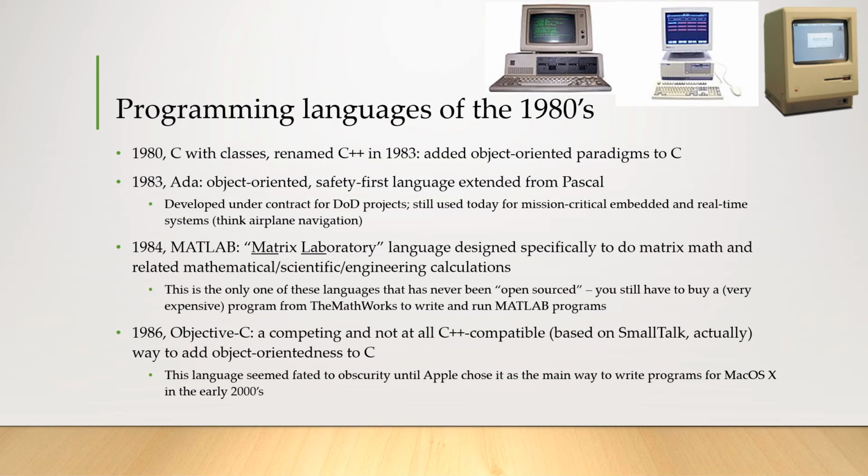It's an object-oriented and safety-first language extended from Pascal, which became the required language for use in Department of Defense projects because it was so safety-minded that the programs almost never crashed. It required so much debugging ahead of time, but once you had a program ready to deliver to DoD, they were pretty sure that their missile defense system or their airplane navigation system or whatever was not going to crash in the middle of a critical mission.